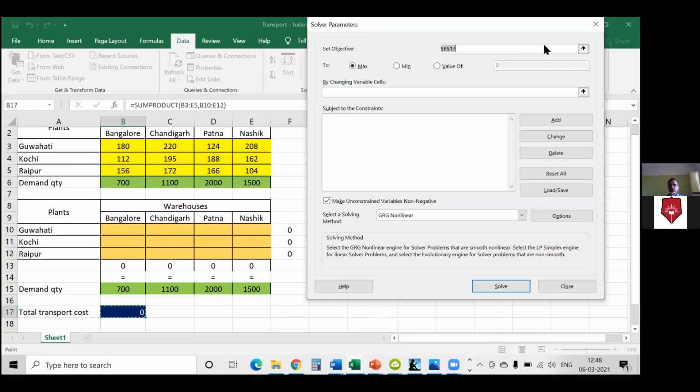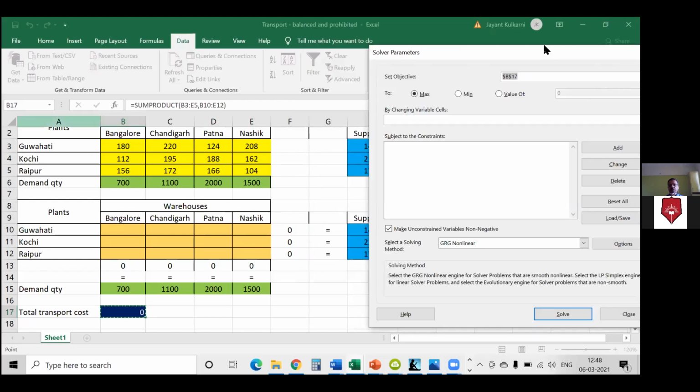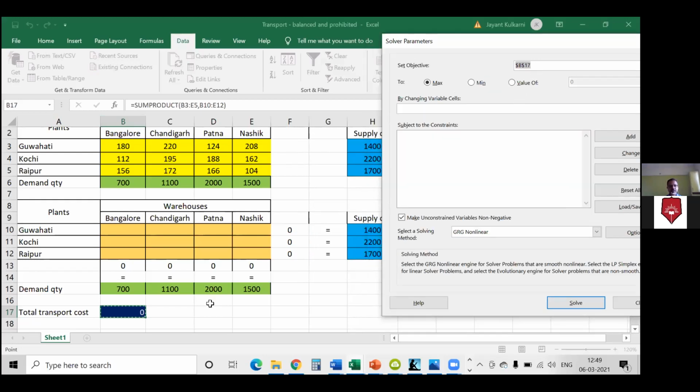Now the first thing it is asking you is, where is your objective cell? My objective cell is B17 because our objective is to minimize the transport cost. The formula for total transport cost is in cell B17.